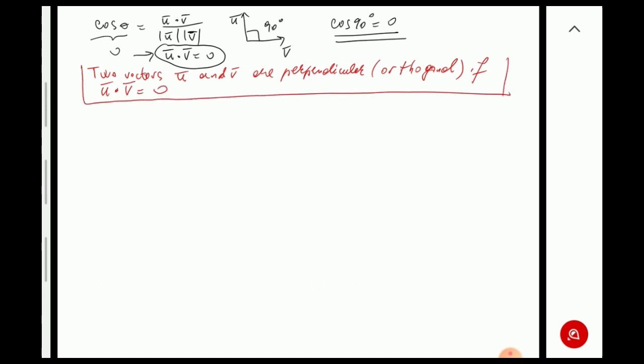All right, so whenever you have the dot product equal to 0, you know that the angle between them is 90 degrees. And that's very useful to remember in computation.